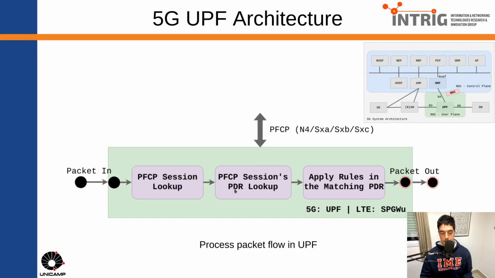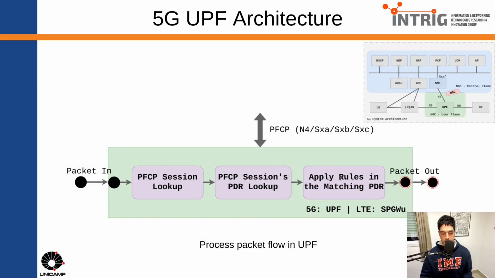PDR means packet detection rules. These packet detection rules have information about whether it will match with the header of the packet, for instance, the source IP or the traffic endpoint ID, if this packet is a GTP packet, and so on.